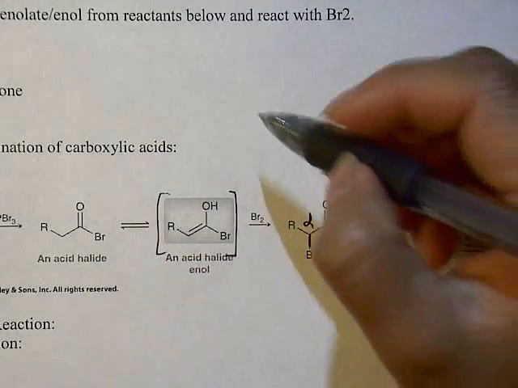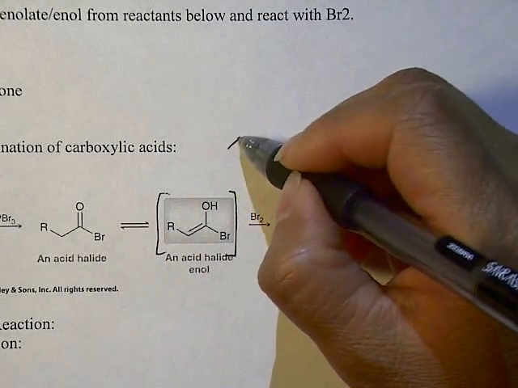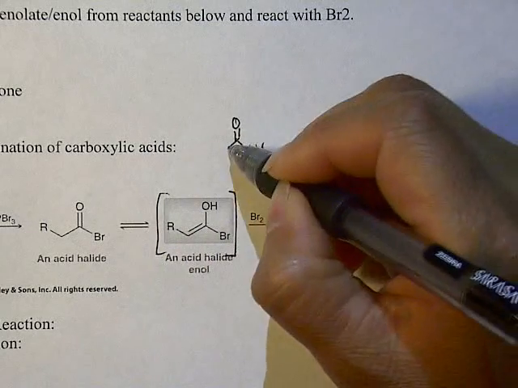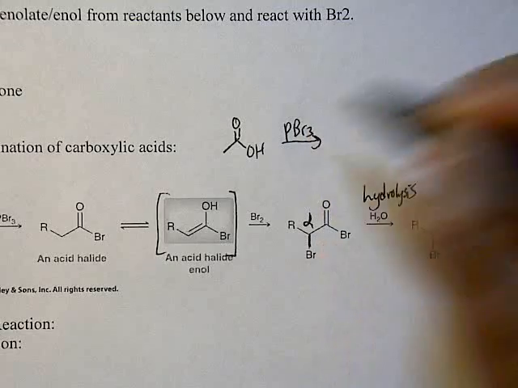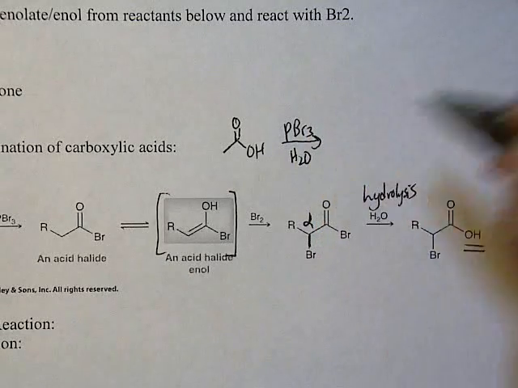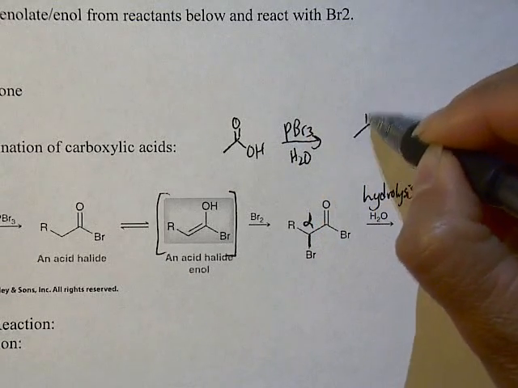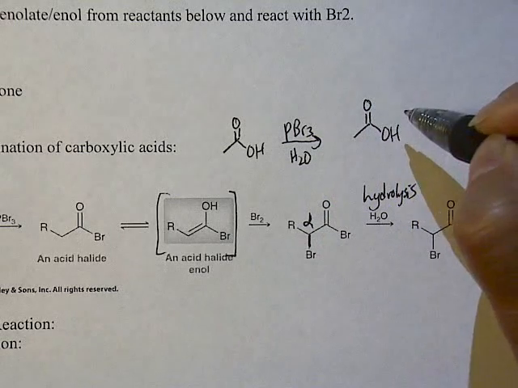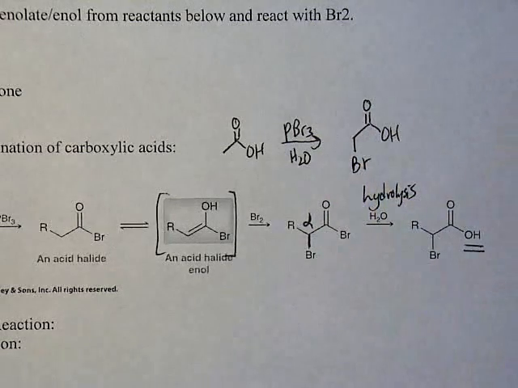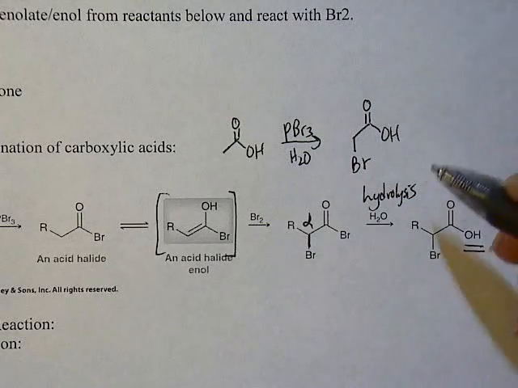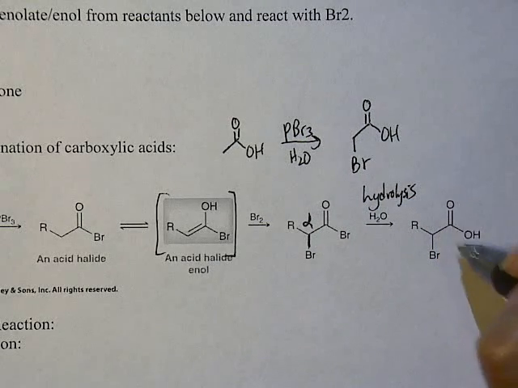So the overall reaction is you have a carboxylic acid and you are reacting with PBr3 and then hydrolysis. Essentially you are still getting the carboxylic acid and you're putting the bromine alpha to the carboxylic acid.